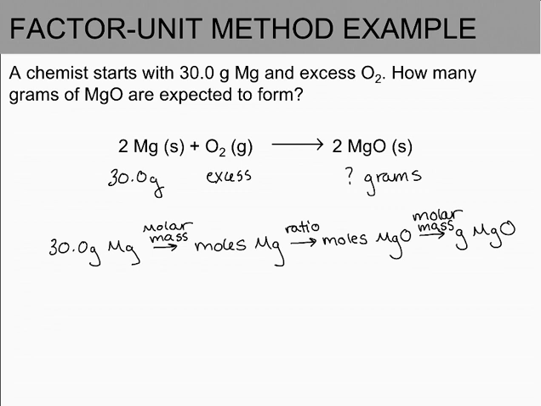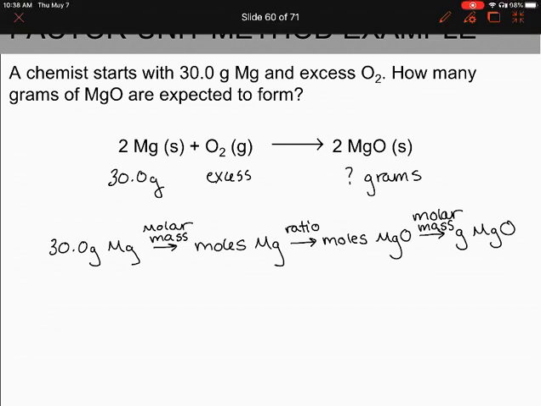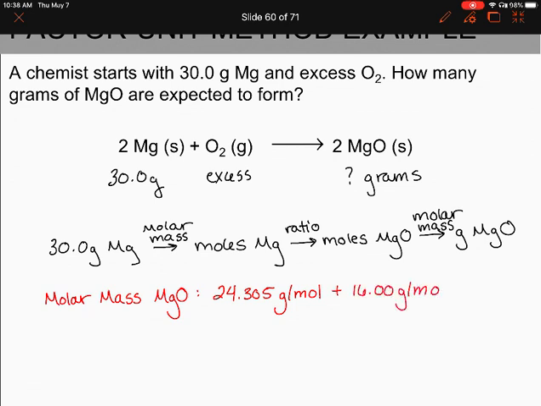Okay, so probably the first thing we want to do is calculate the molar mass of magnesium oxide. Looking at a periodic table, the molar mass of magnesium is 24.305 grams per mole, and the molar mass of oxygen is 16 grams per mole.